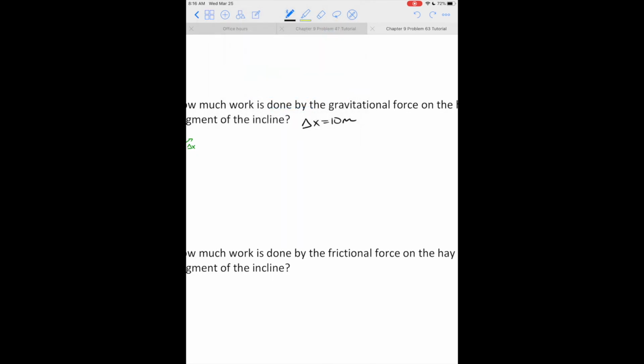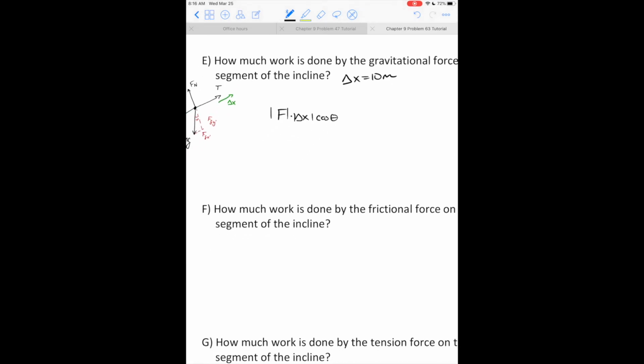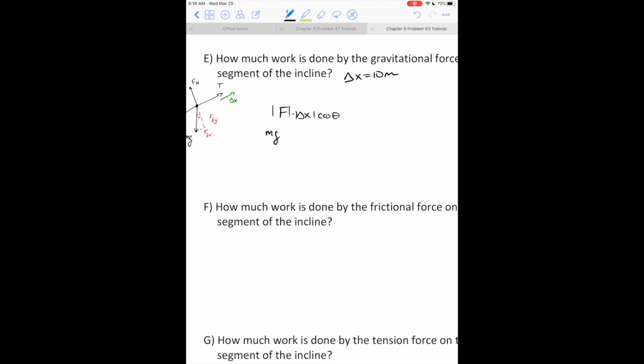I could say that the force times delta x, put these magnitudes in here, times cosine of the angle between them, that would be mg times delta x times cosine of, well, what is this angle? That angle is 90 degrees plus 15 degrees, so a total of 105 degrees.